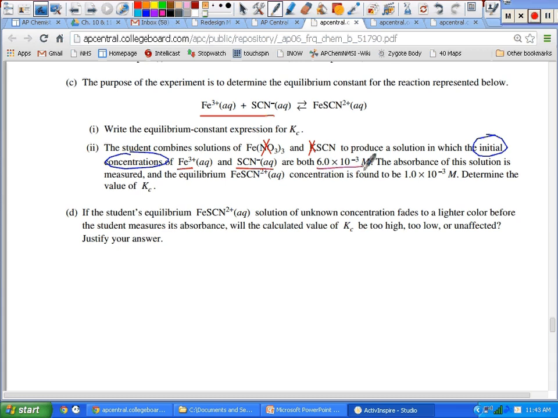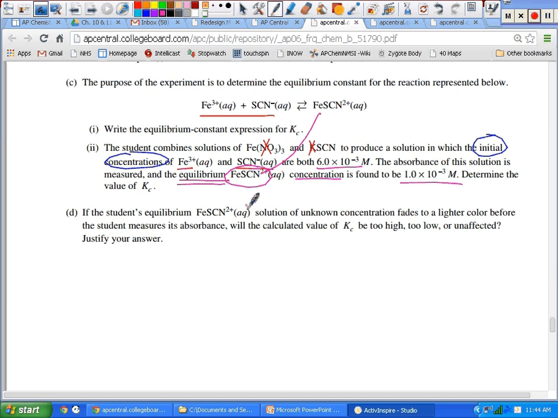The absorbance of this solution is measured, and the equilibrium concentration of this one, and where do we see that? That's a product. It is found to be this value. Determine KC. Who said what? Rice table. Fantastic. All right, so let's set up our Rice table and do this.